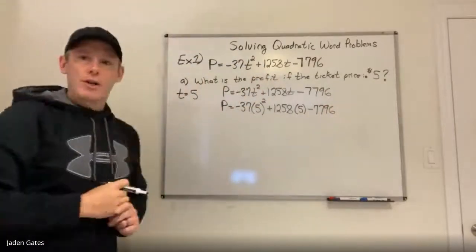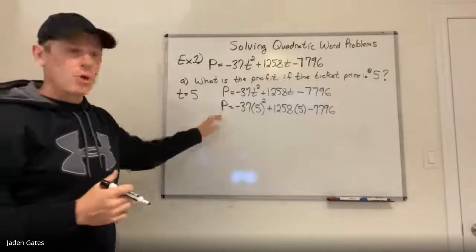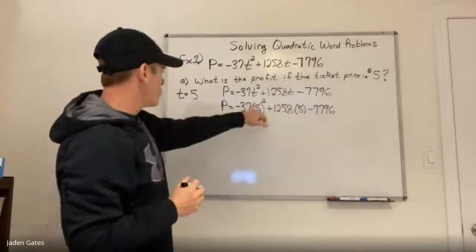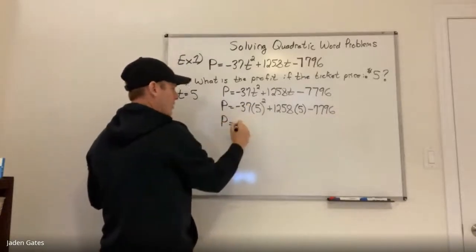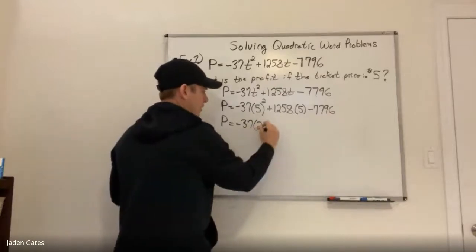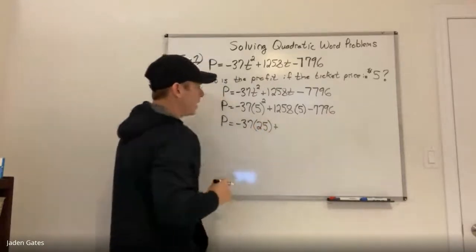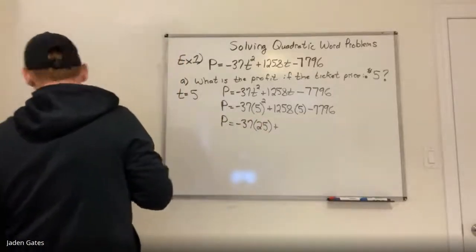All right, and so now I solve using Bedmas. Now I'm lucky here. P is already by itself. So I can just do Bedmas and figure it out. So let's see here. I'm going to do my exponent here. So I have negative 37. 5 squared is 25. Let's see, 1,258 times 5. What would I get for that?